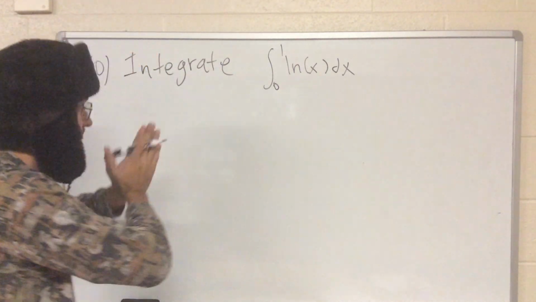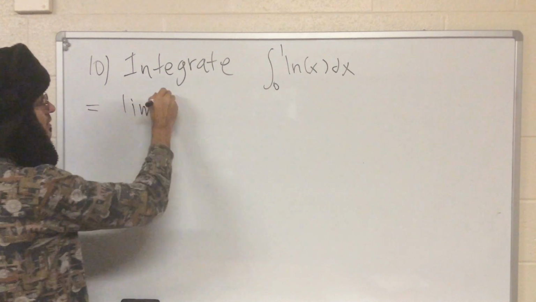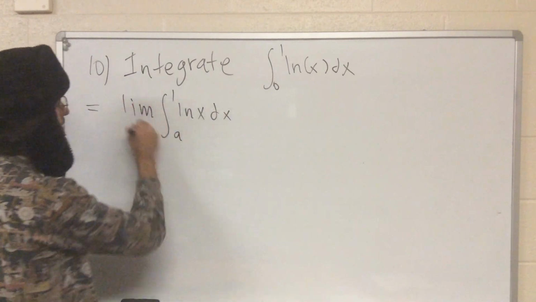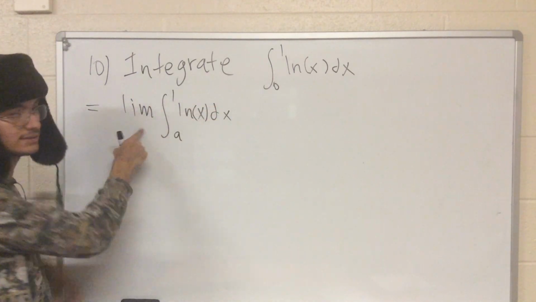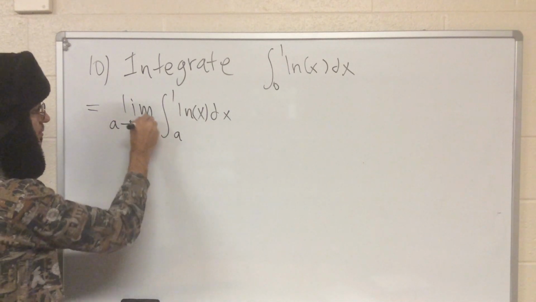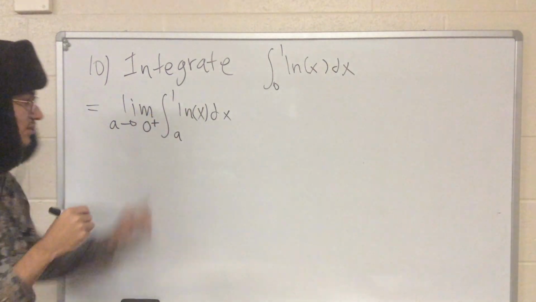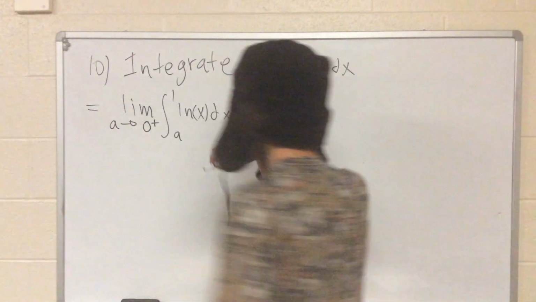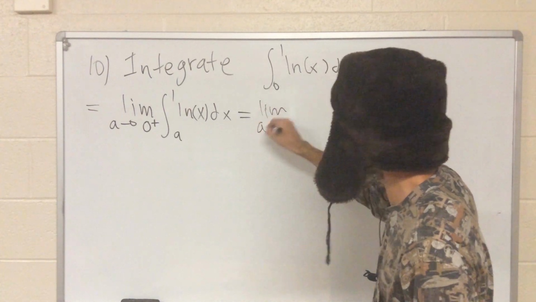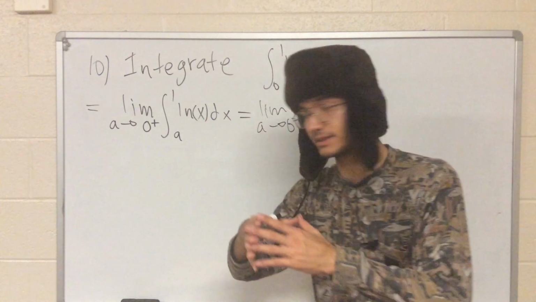So that means we will have to set this equal to the limit of the integral from a to 1 of ln of x dx as a approaches 0, but it has to approach 0 from the positive side, from the right, 0 plus, right? And so that will be equal to the limit as a approaches 0 from the right of the integral of ln of x dx.